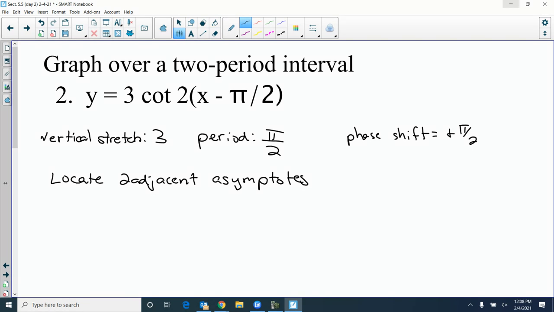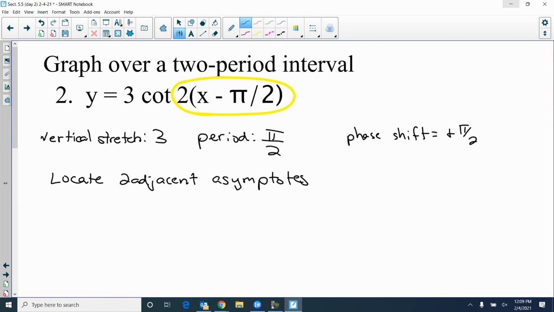So you can remember what to do. How do we do that? I know from yesterday, see if you can use what we did yesterday. I'd wait before you write anything down in case you make any mistakes. All right, Lizzie, you got any idea how to find two adjacent asymptotes? Set 2x minus pi over 2 equal to the two original asymptotes.